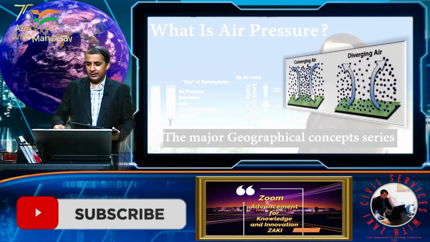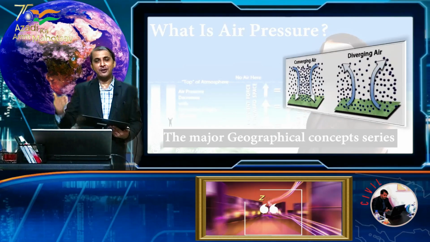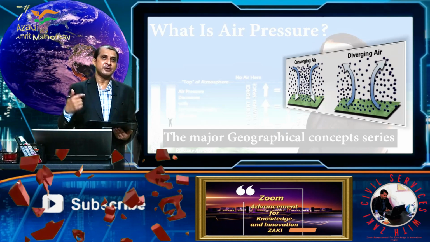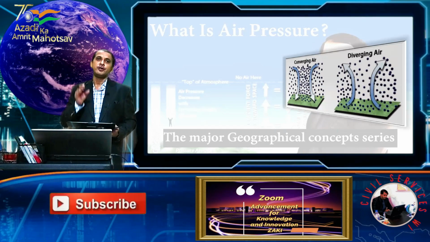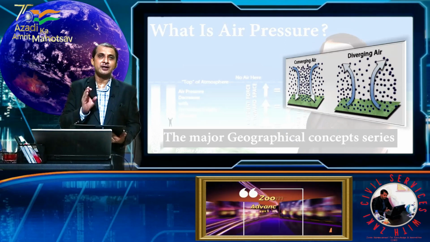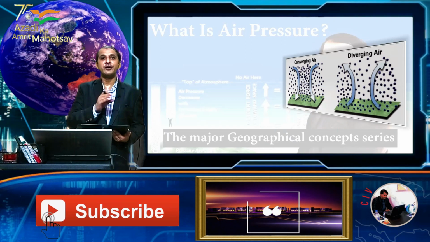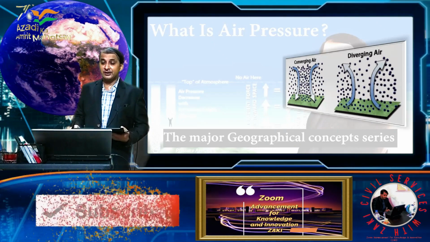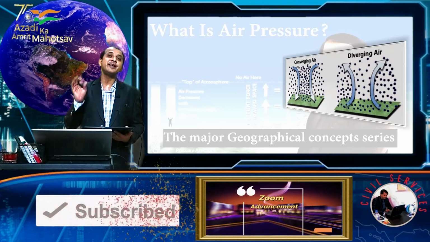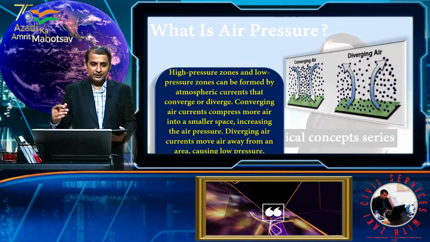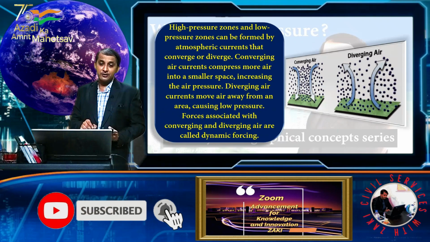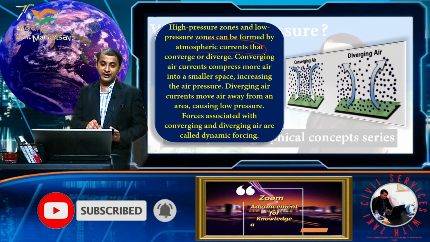Another thing, the converging air or diverging air, as I told you earlier, plays a great role in our atmospheric circulation, and these are called air currents. So see here, high pressure zones and low pressure zones can be formed by atmospheric currents.